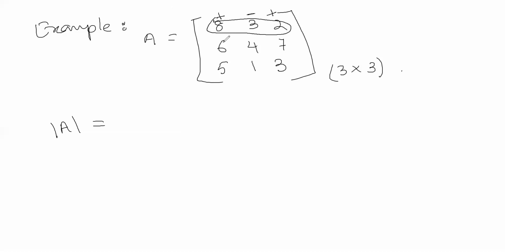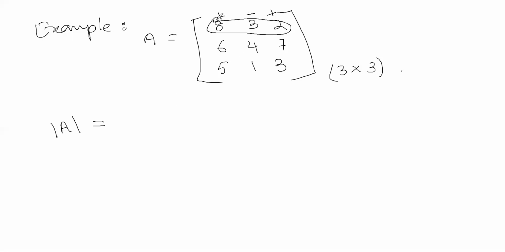This is the specified formula to identify the determinant of a 3 by 3 matrix. By formula, for the first row only, we are taking a positive value for the first element, a negative value for the second element of the first row, and a positive value for the third element of the first row.